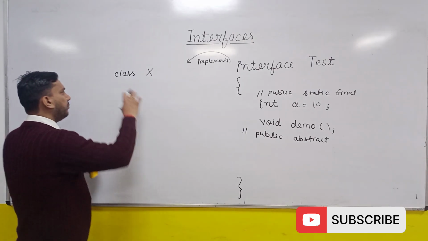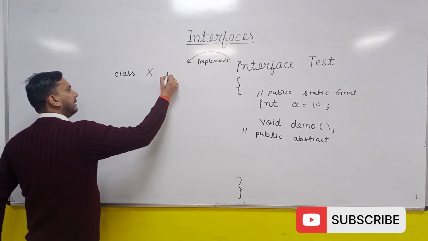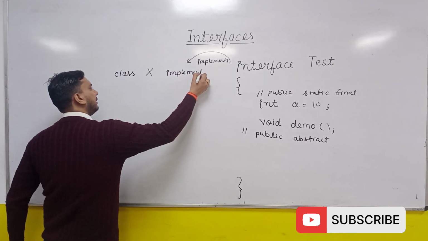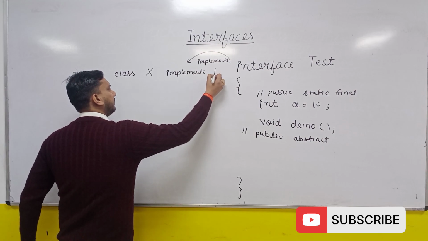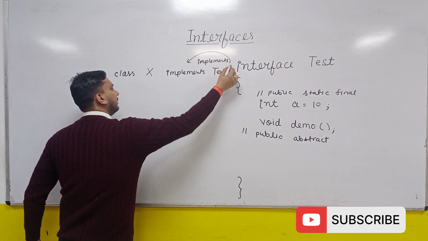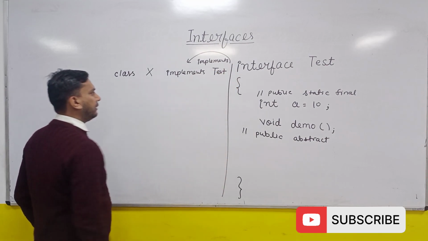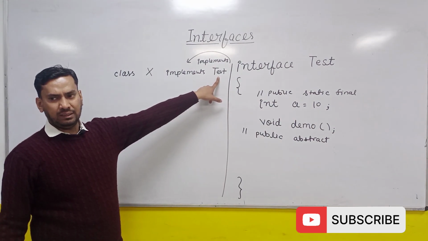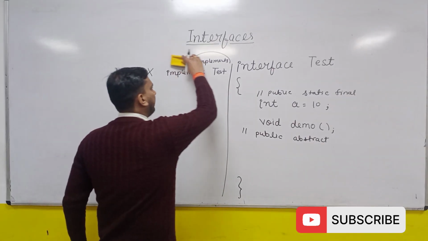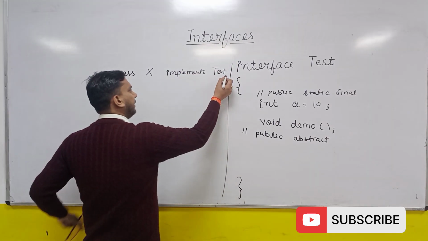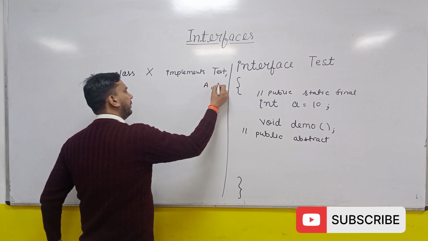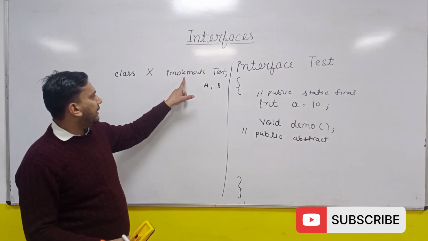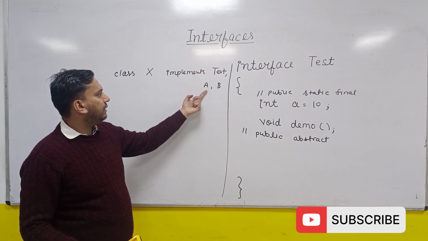So I'll write here class X implements, and the name of the interface, Test. This is how you write the implements keyword to inherit an interface. Let's say you want to inherit a couple more interfaces, so you will write comma A, comma B, if A and B are two other interfaces. Now I am inheriting three interfaces: Test, A and B.